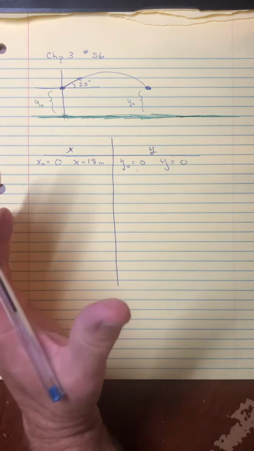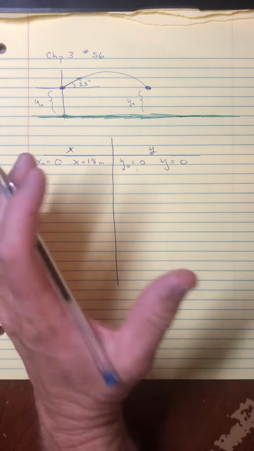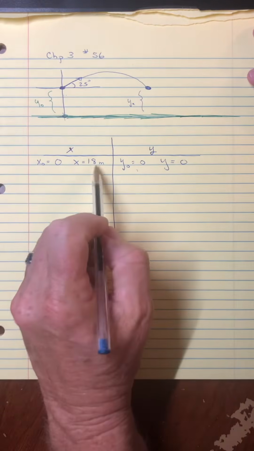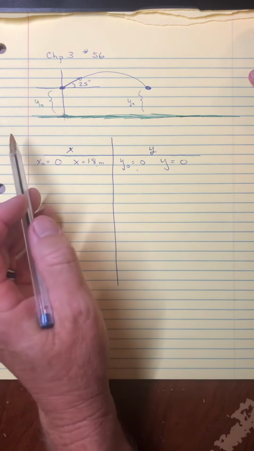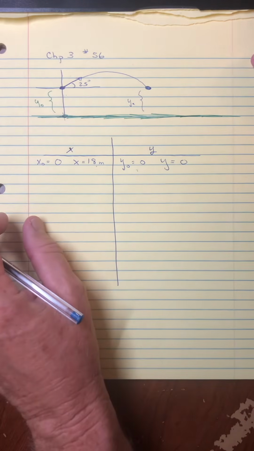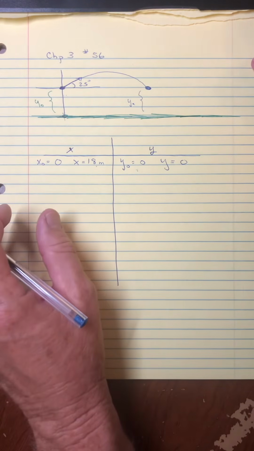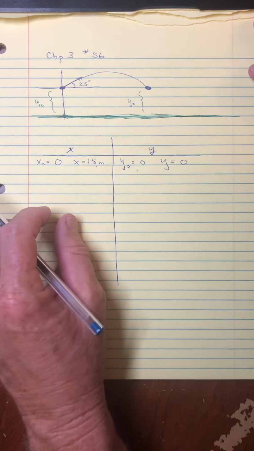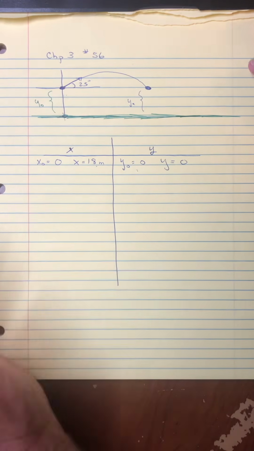Unless that person, the receiver, is standing still, it begs the question, do they mean 18 meters when he throws the ball or 18 meters from him when he catches the ball? And since they don't say anything about that, I'm going to have to take this that they mean 18 when he catches the ball.